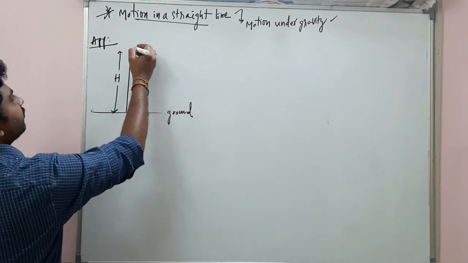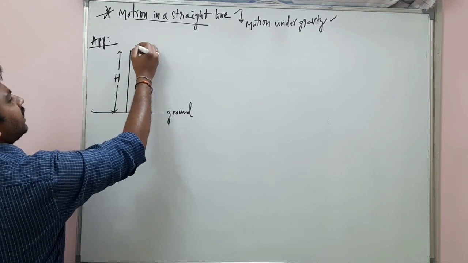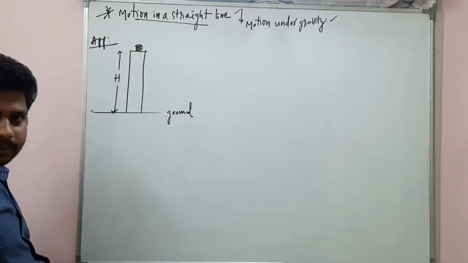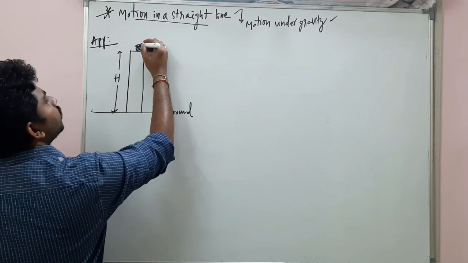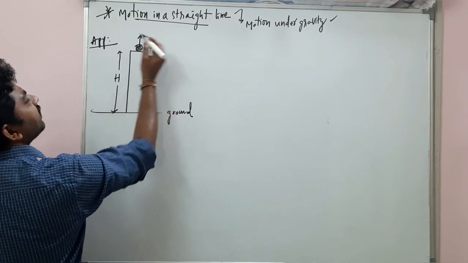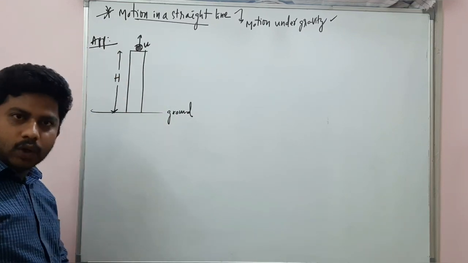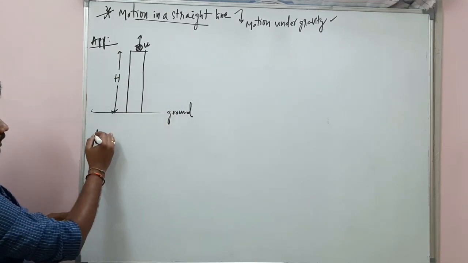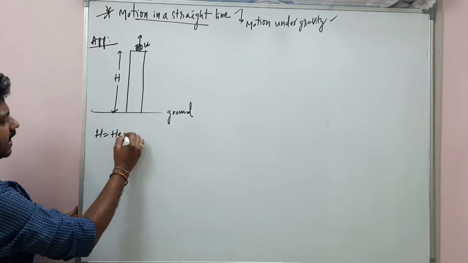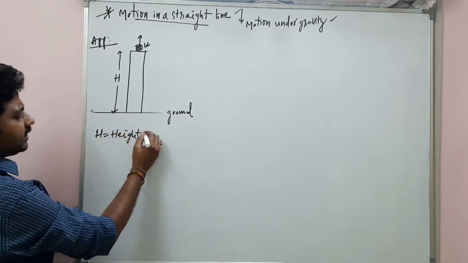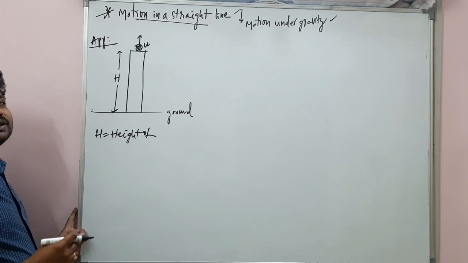From the top of the tower, there is a small body which is thrown up with some initial velocity u. What I am writing, capital H, is the height of the tower. Each and every physical quantity is important here.